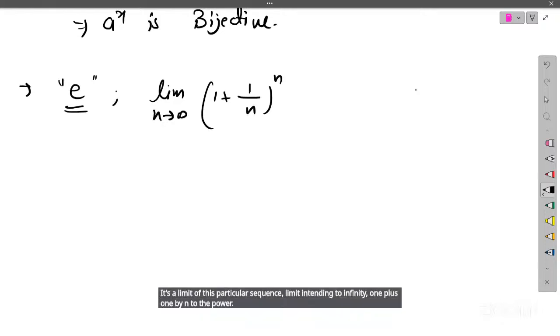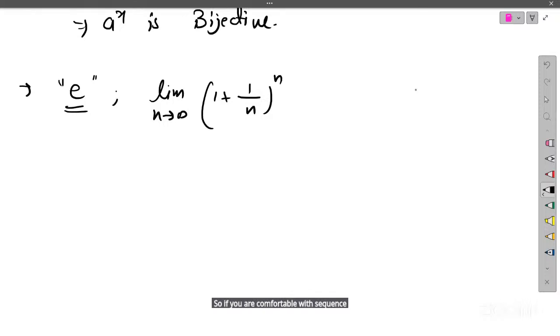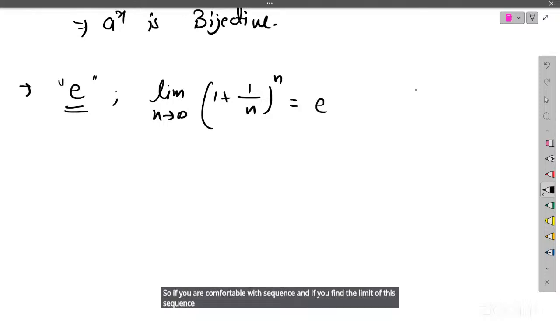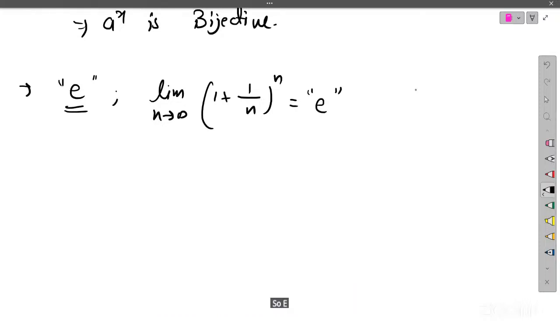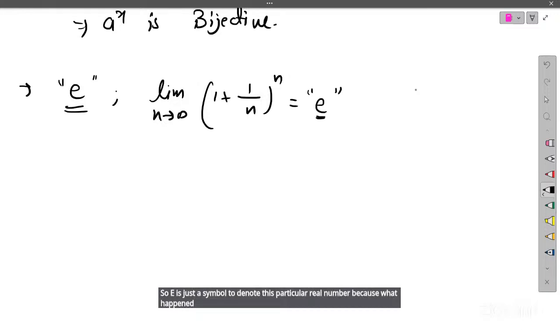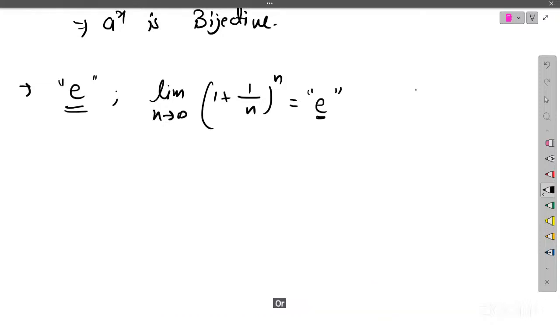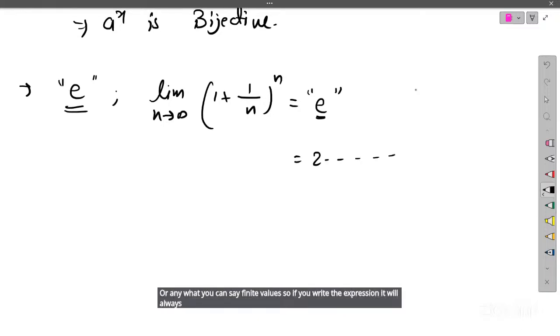If you find the limit of this sequence, it comes out to be a real number, and that number is denoted by E. E is just a symbol to denote this particular real number, because it does not have any finite decimal expression. If you write it out, it will always go on. You cannot write it on a finite paper, so we use a symbol to denote such a number.